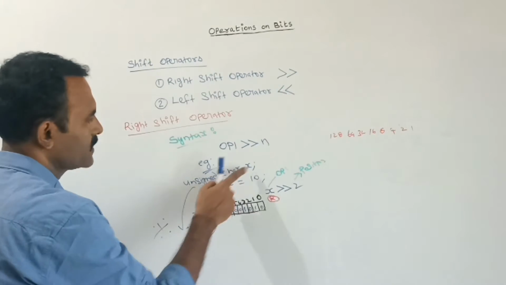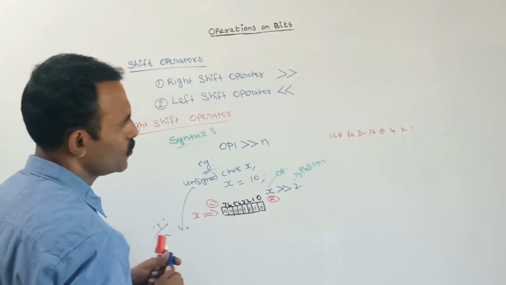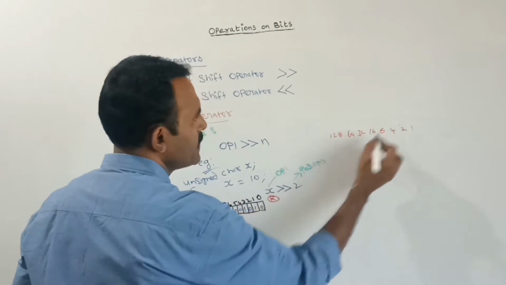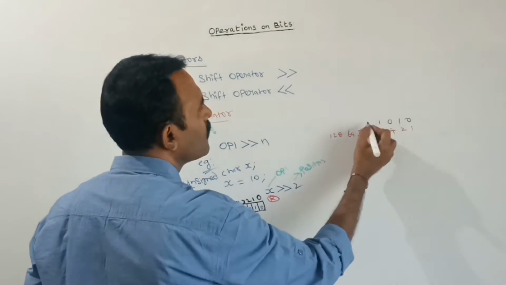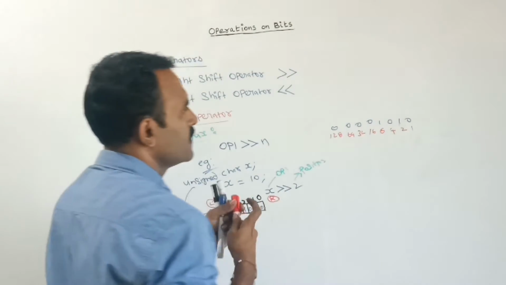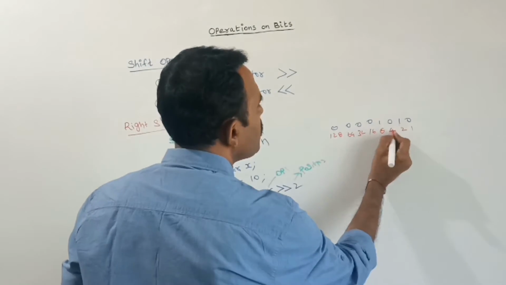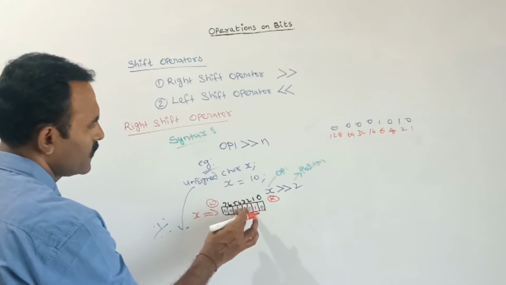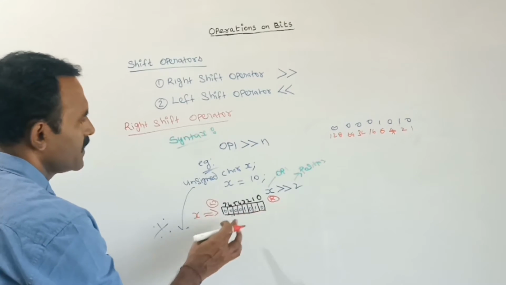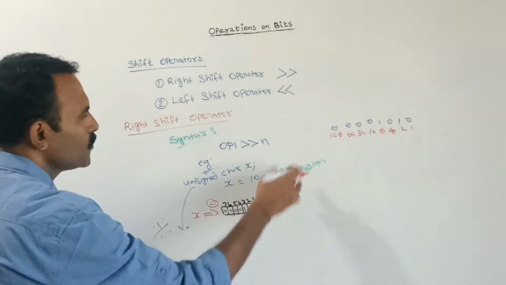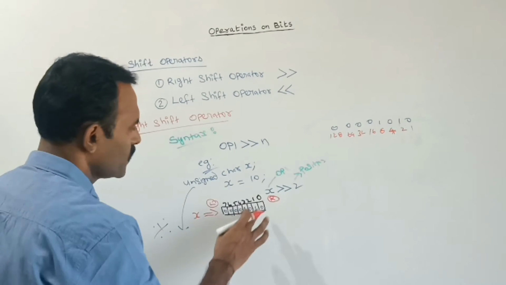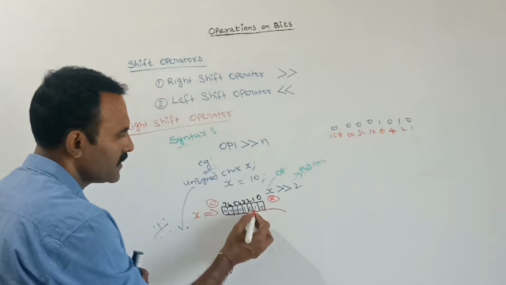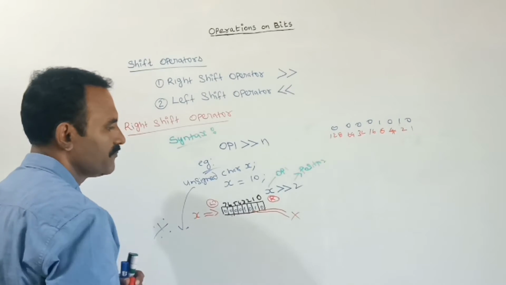See, x is equal to 10, and I am right shifting 2. So the binary value of 10 is 0 0 0 0 1 0 1 0. Now I am right shifting it 2 positions towards the right side. So 2 positions means the 0th position and first position will pop.